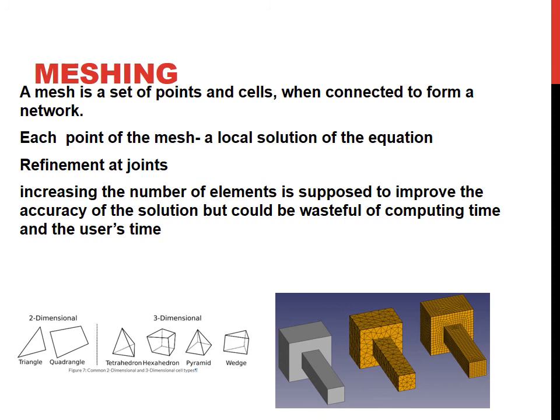What you can do is increase the number of elements or nodes, which is supposed to improve the accuracy of the solution, but this will increase the computing time. So you should find the right number, or optimum number, of nodes or elements.